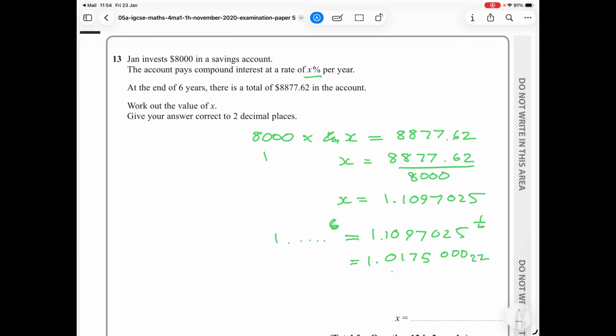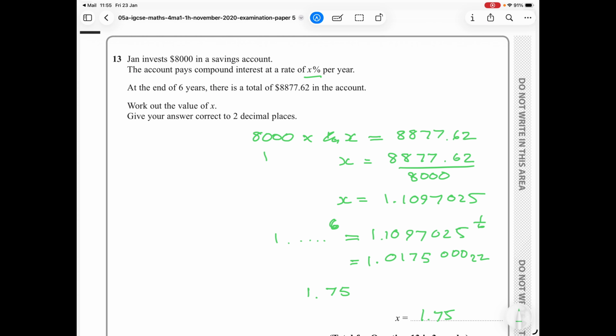So we know that the percentage rate, if we times it by 100, would have been 1.75. And that's how much interest they got.